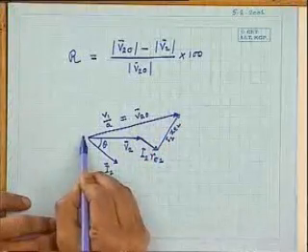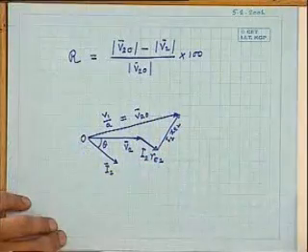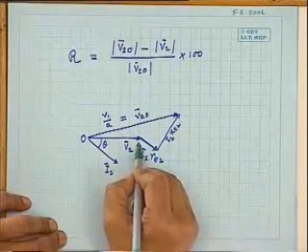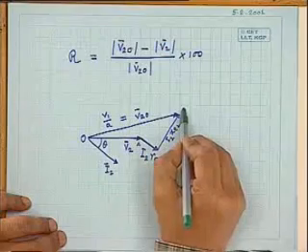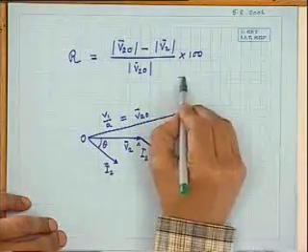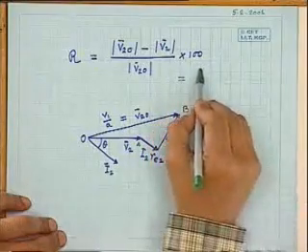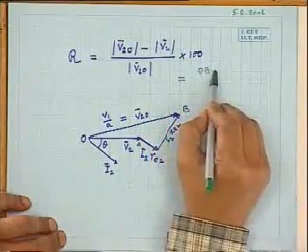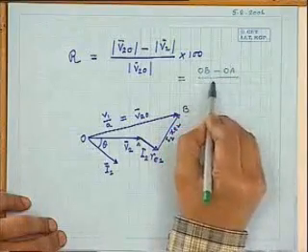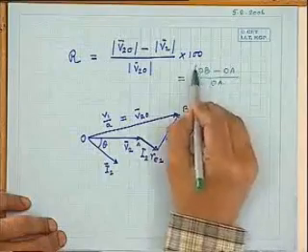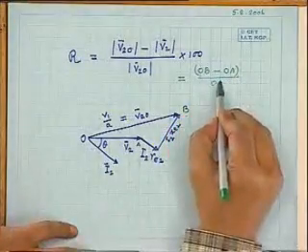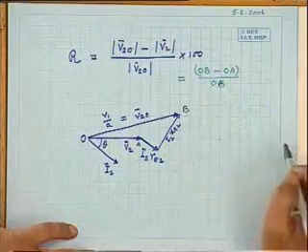So this regulation, if I apply simple geometry here, suppose this point is A and this point say B, then this regulation is nothing but the length OB minus OA over OB.